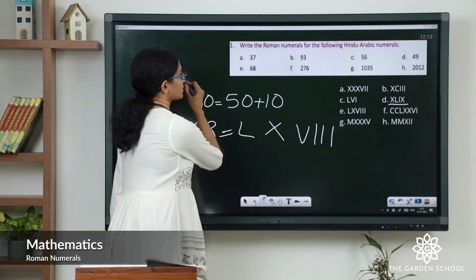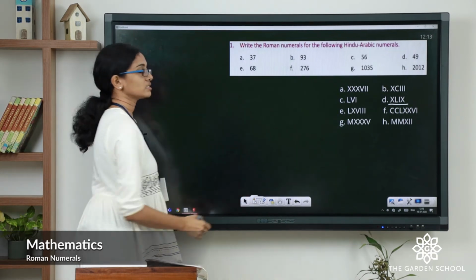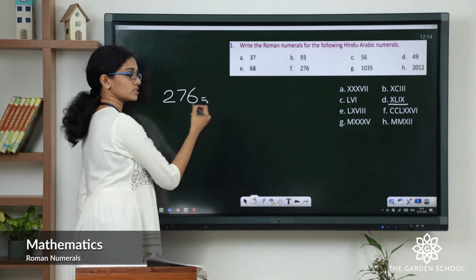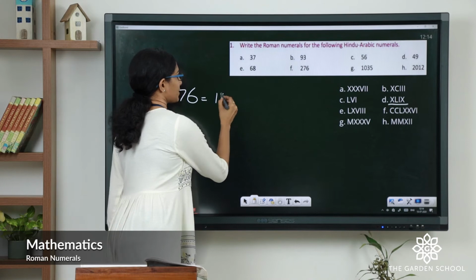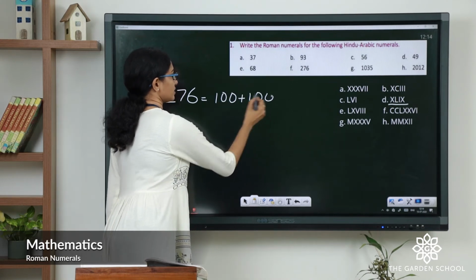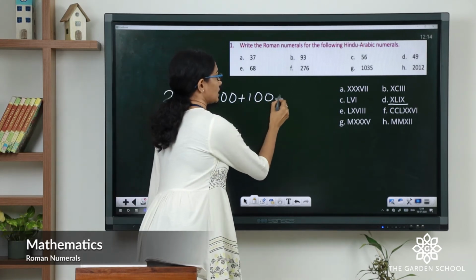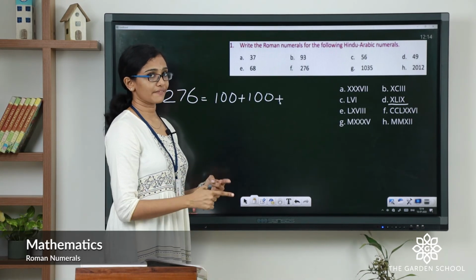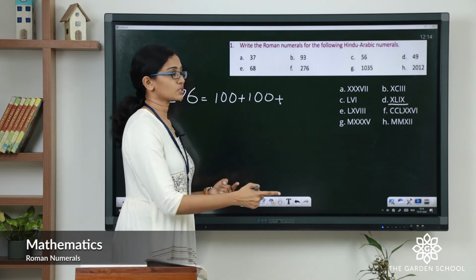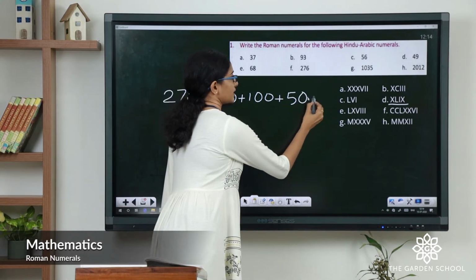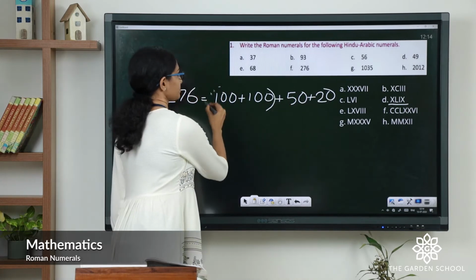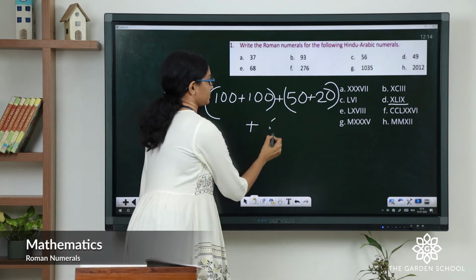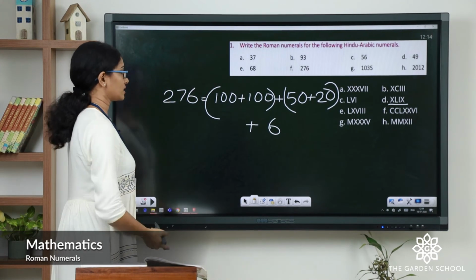Now the next question. 276. Let's split this. It's 100 plus 100, 200. Then how do you write 70? We don't have a symbol for 70. So let's split 70 into 50 plus 20, and then we have 6, which we can easily represent with the symbols.